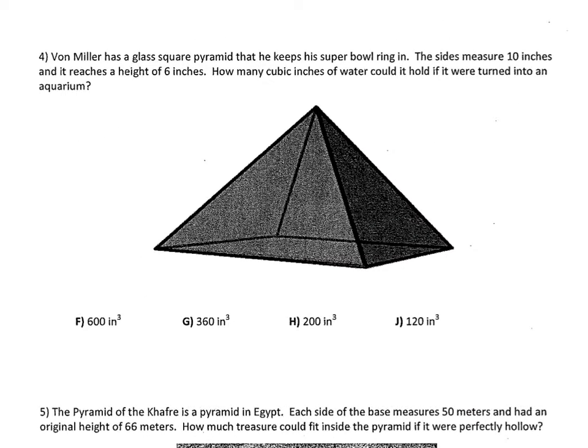Number 4. Von Miller has a glass square pyramid that he keeps his Super Bowl ring in. The sides measure 10 inches and it reaches a height of 6 inches. How many cubic inches of water could it hold if it were turned into an aquarium?